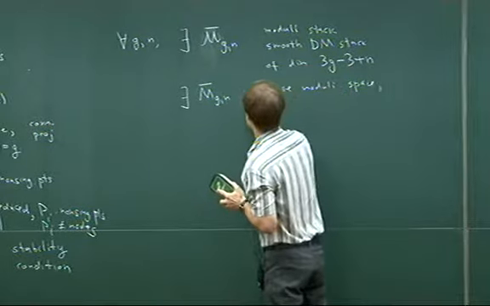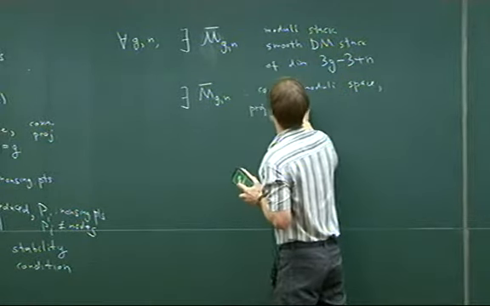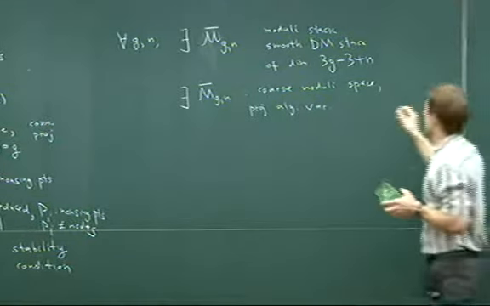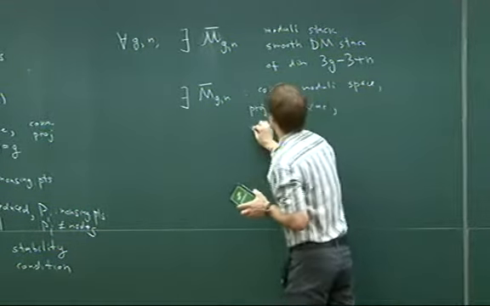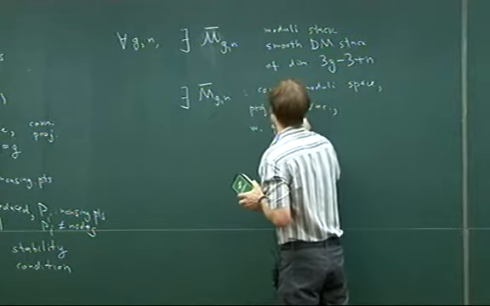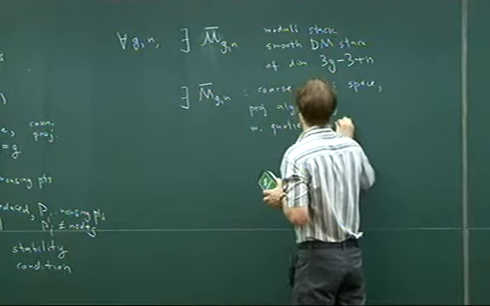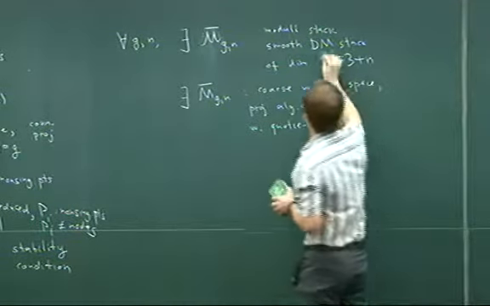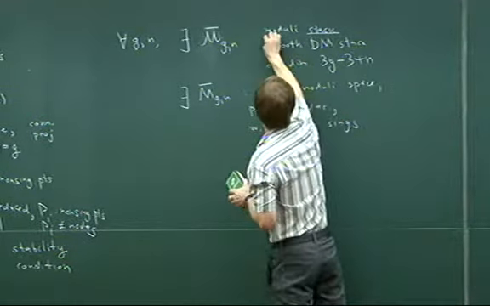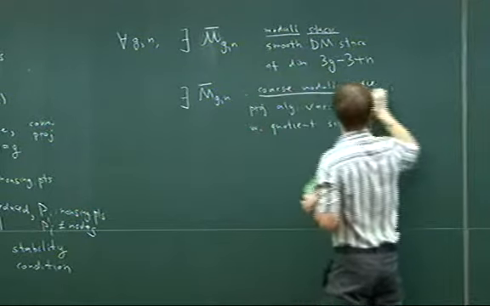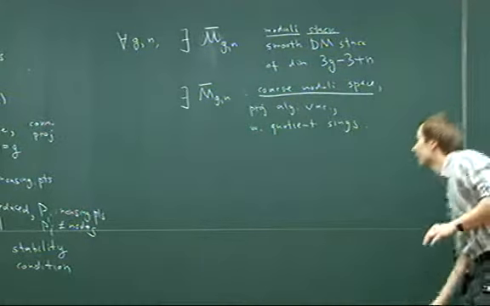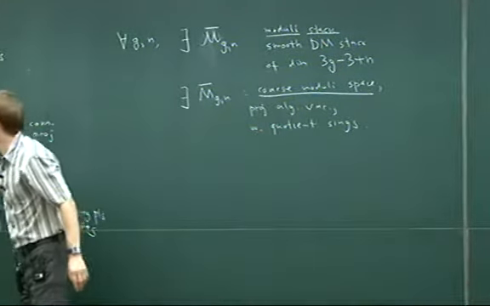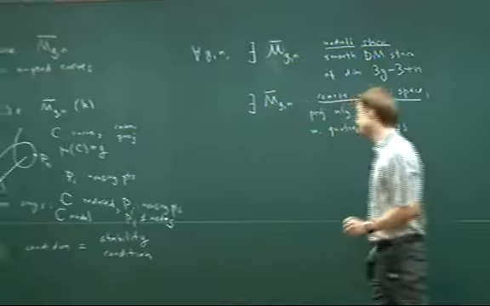And this is a projective algebraic variety with quotient singularities. So the difference between this moduli stack and the coarse moduli space lies in the automorphisms of such curves.